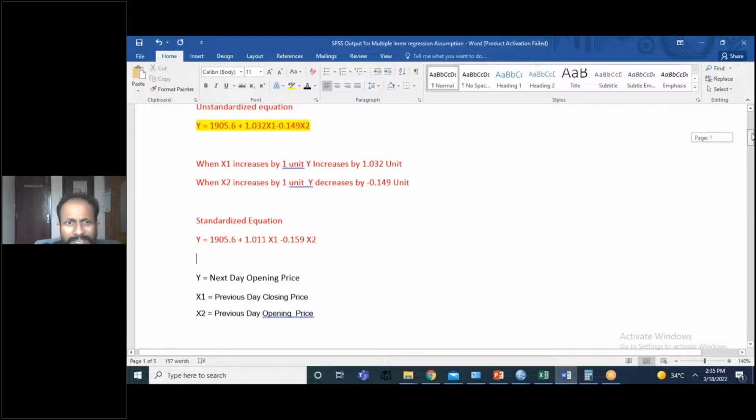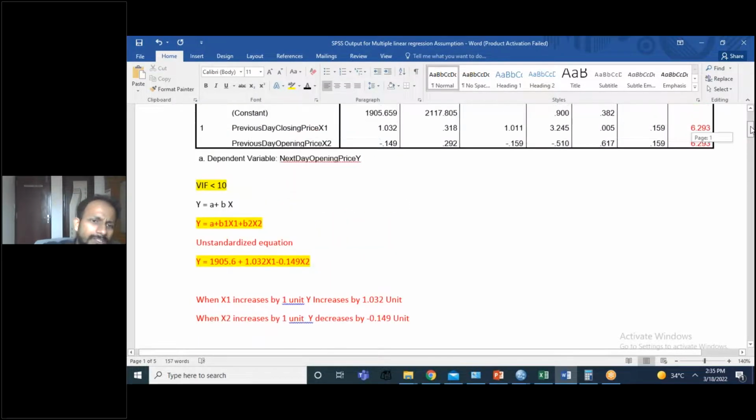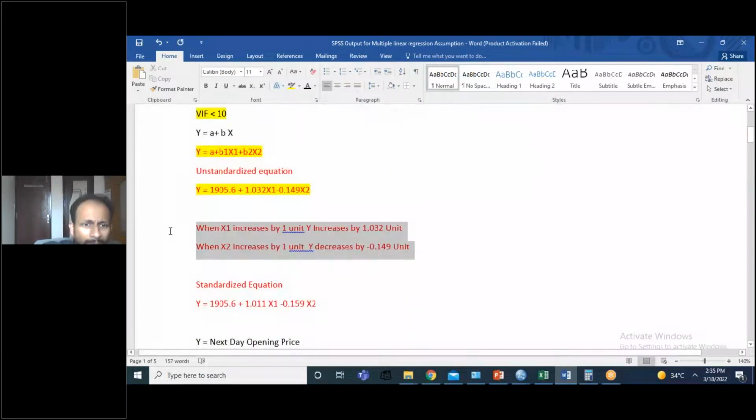What is critical here is not whether you interpret the standardized or the unstandardized one. You have to remember this format. You can make a note of this particular format so that you can use the same wording in your dissertation or research paper.